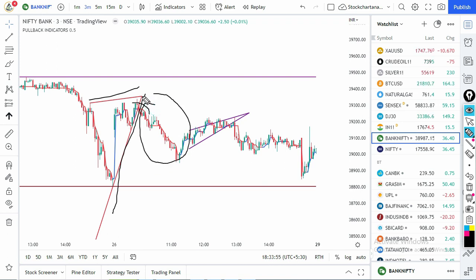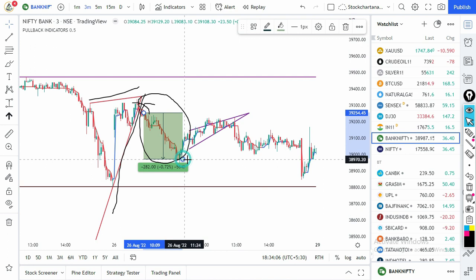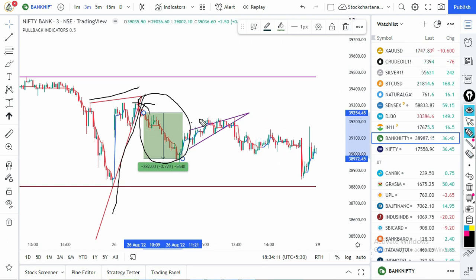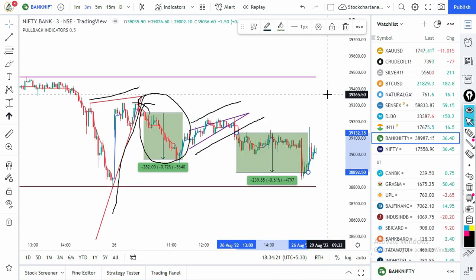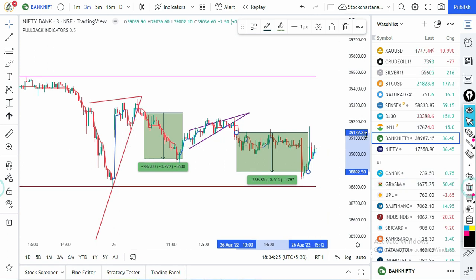Here there were approximately 270 points, and then again there was another triangle pattern, and this breakout also gave another 200 points. And how do you exit? Once you see that the price is taking a U-turn with 3 green candles and the trend line is blue, you can exit, or with the help of the 9 EMA. If you see my previous videos, you will get how to use the 9 EMA and exit.